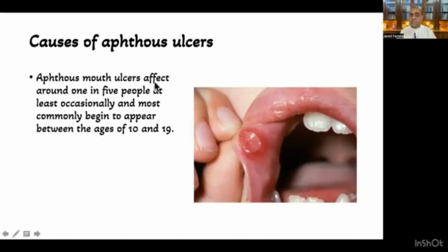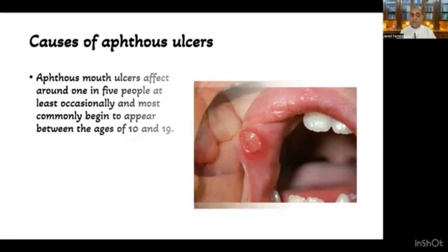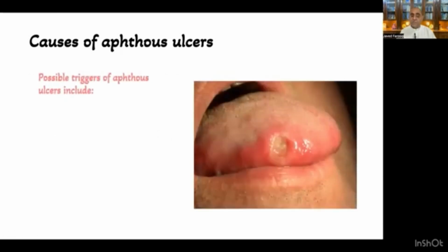Aphthous mouth ulcers affect around 1 in 5 people, at least occasionally, and most commonly begin to appear between the ages of 10 and 19. That is the reason I said it's a very common condition we come across.